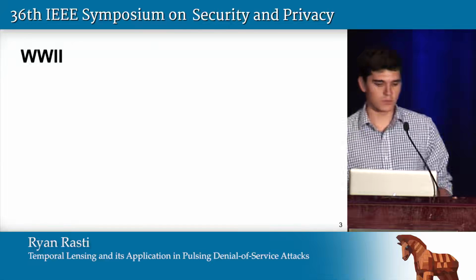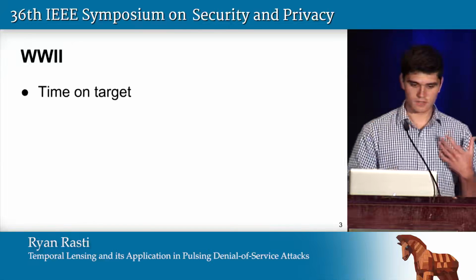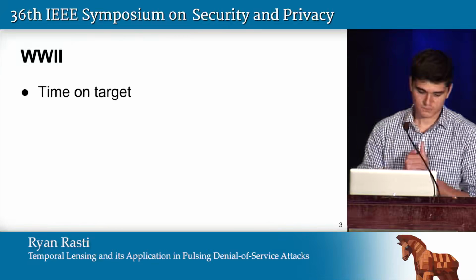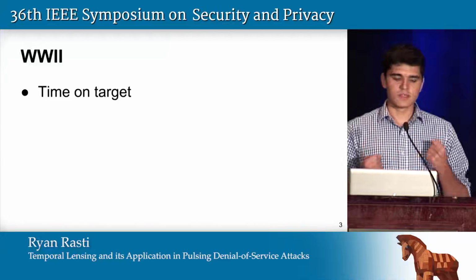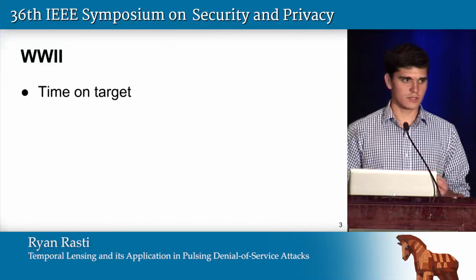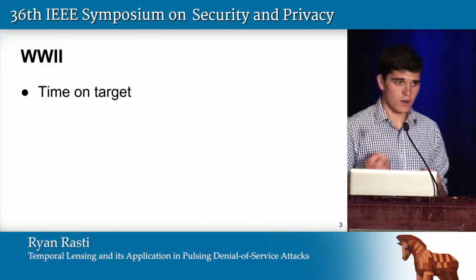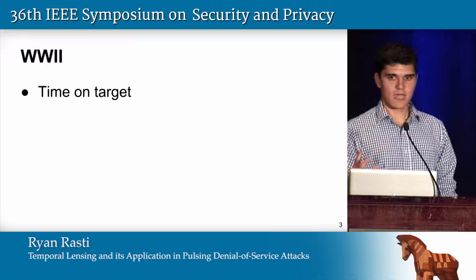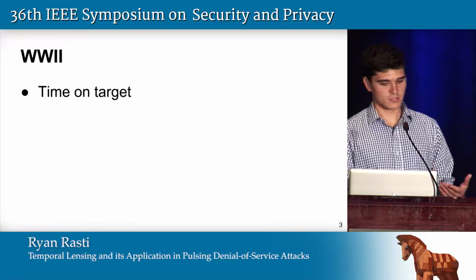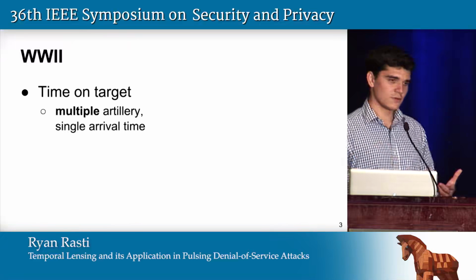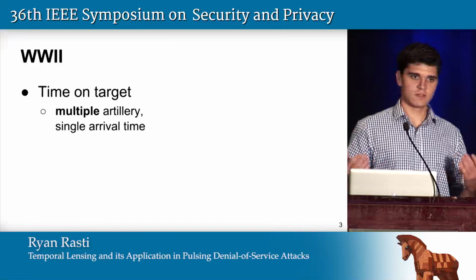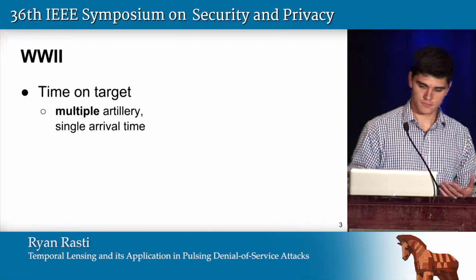And so for inspiration, we're going to go back to World War II, right? And in World War II, there was this problem for the Allies where they had limited artillery, limited shelling capacity, and they really wanted to do the most impact for the ammunition that they had. And so what they did is they came up with this technique called time on target, where multiple artillery would coordinate their sending times so that all of their attack traffic landed on the victim in a short burst.